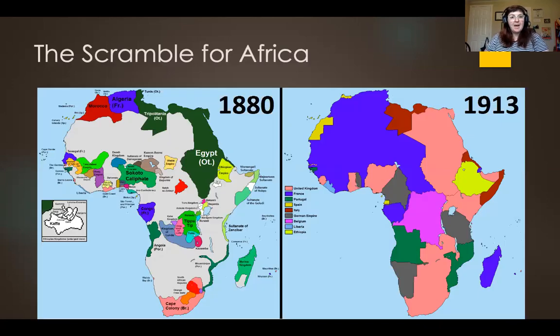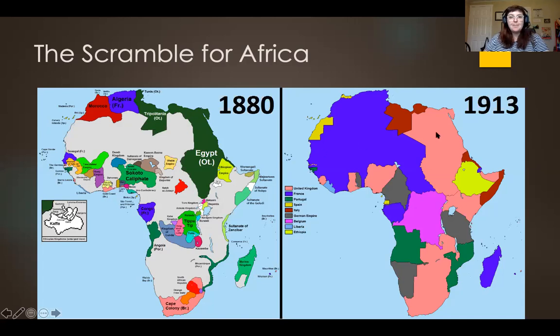Okay, so these two maps are comparing African territories in 1880 versus African territories in 1913. So you can see here that there's lots of different ones, fairly small. Egypt probably has the biggest here, which was technically owned by the Ottoman Empire, right? France owns Algeria, and then there's all these independent African kingdoms as well.